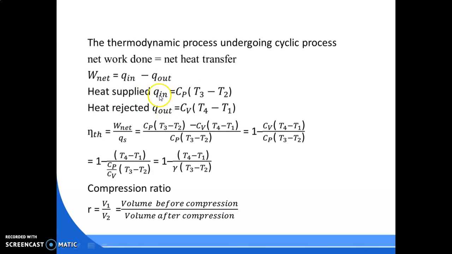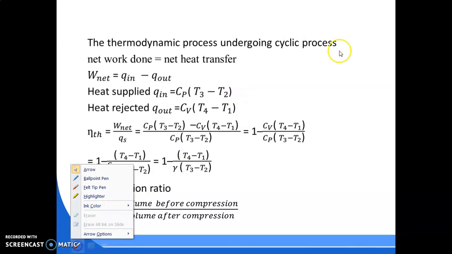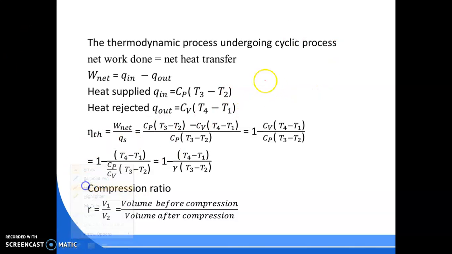So what is your Q in? It is the constant pressure heat addition, 2 to 3. In constant pressure heat addition, what is the heat supplied? Q is equal to m Cp (T3 minus T2). So Q in is equal to m Cp (T3 minus T2).